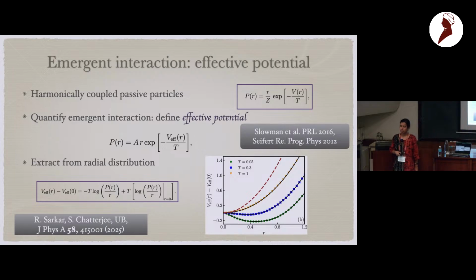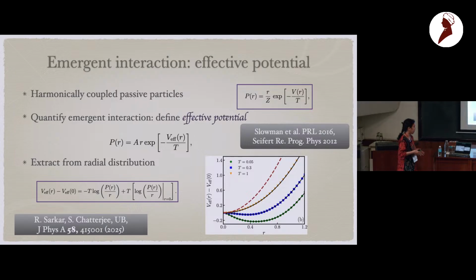Regarding the temperature of the bath, in this strongly active regime we cannot define an effective temperature, but I'll come to the next regime where we can. Here I'm just trying to convince you that even when you have a finite temperature, up to a certain temperature, this repulsion survives.